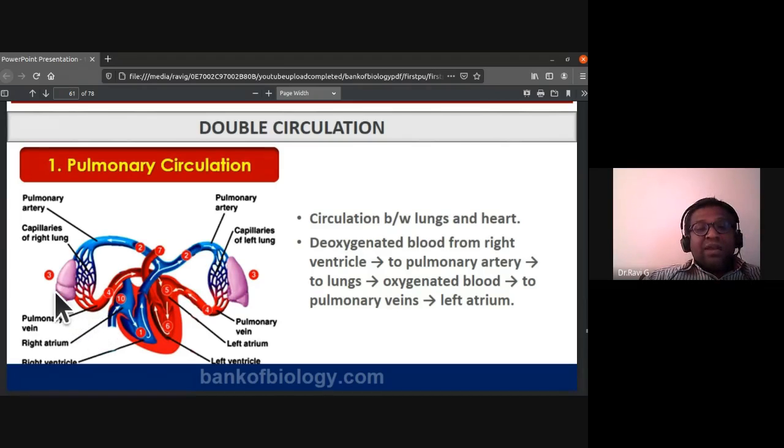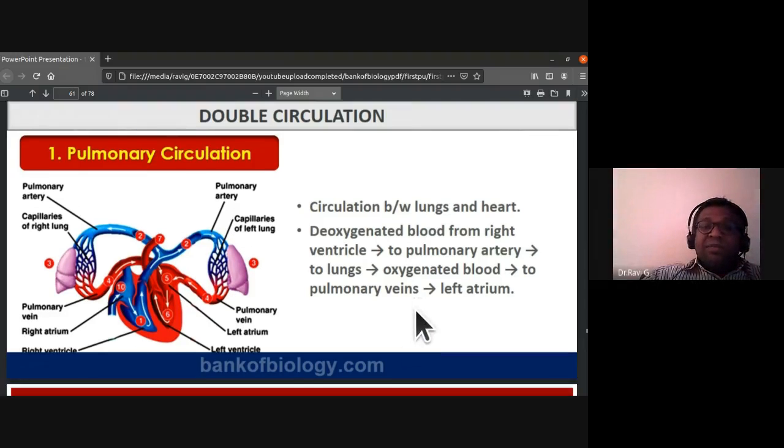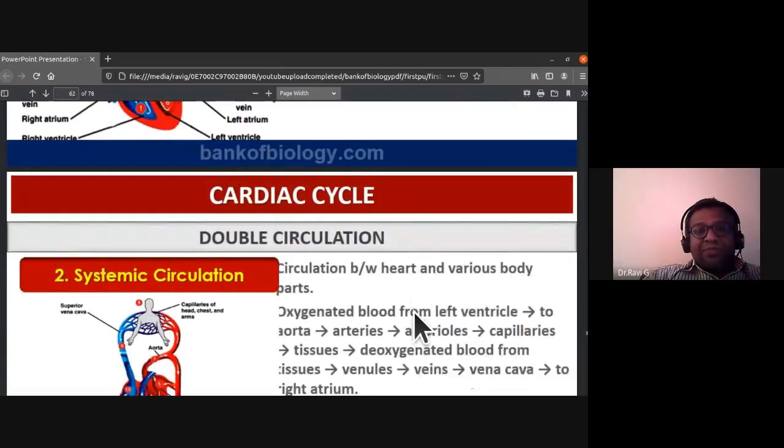The oxygenated blood is brought back by the pulmonary veins to the left auricle. So this is considered to be the pulmonary circulation.